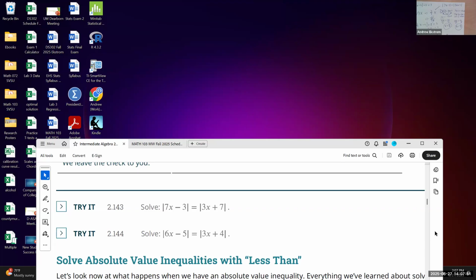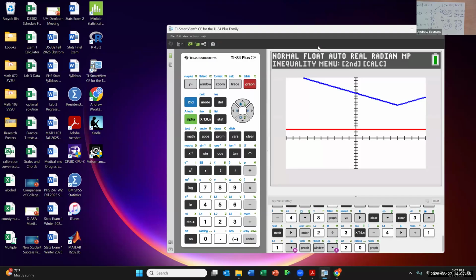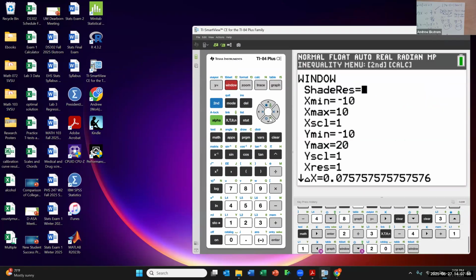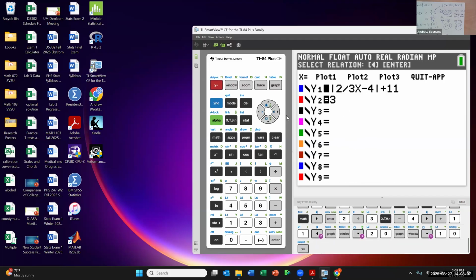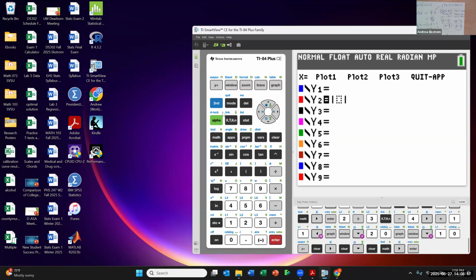And because I've been saying this graph it and math it thing, let's graph it just so we can see what these look like. I'm going to set the window back to negative 10 to 10. We'll see how well that actually works out. So clearing both sides. Math, we want absolute value.